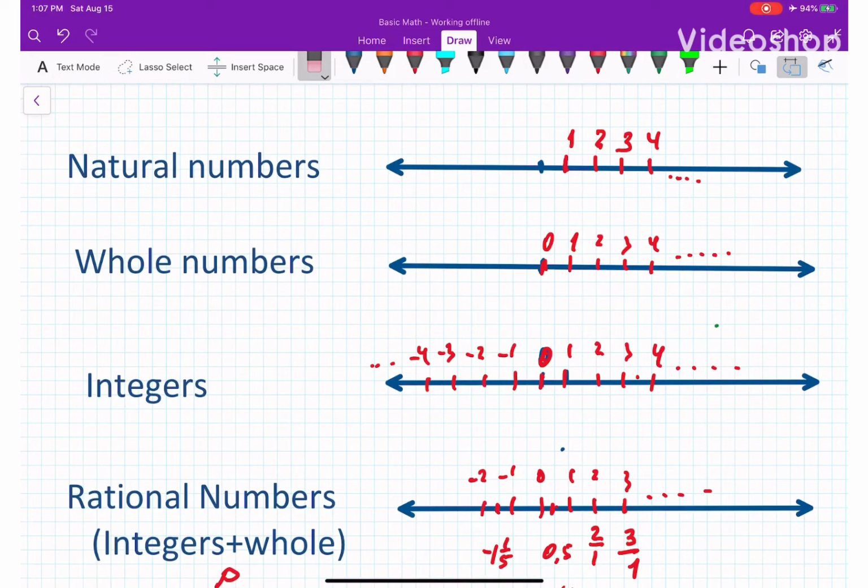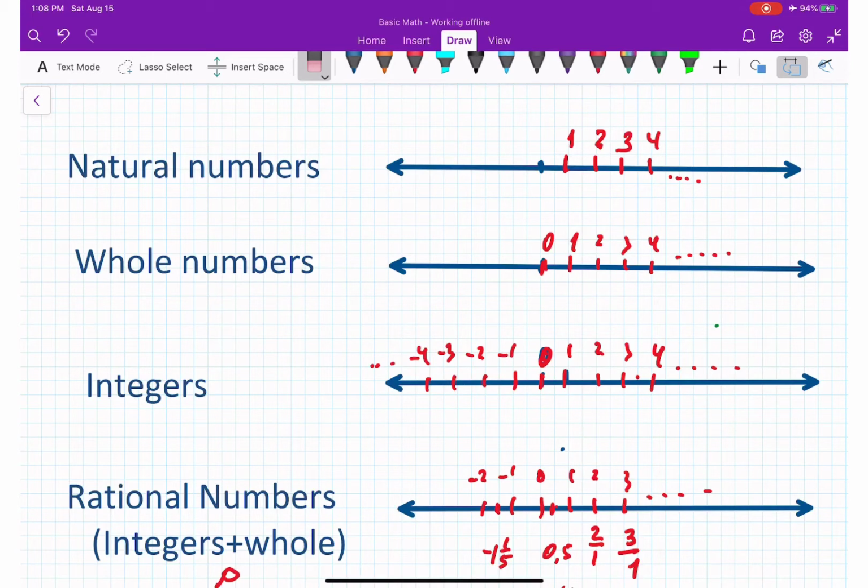Okay, the concept of number and types of numbers. Number is an abstraction used to quantify objects. We need numbers to solve problems and prove various theorems.